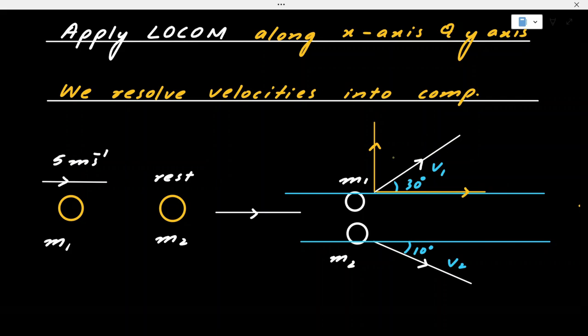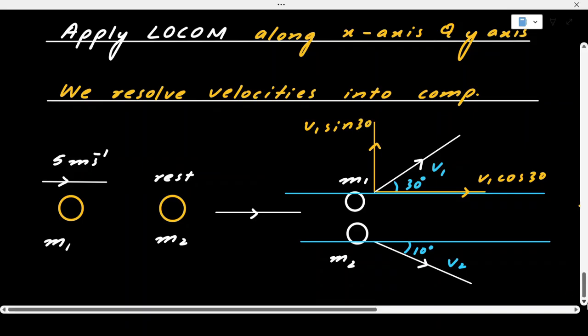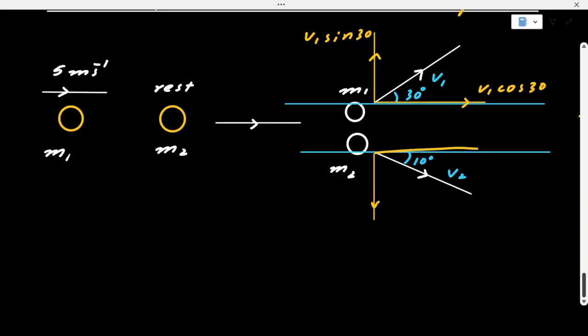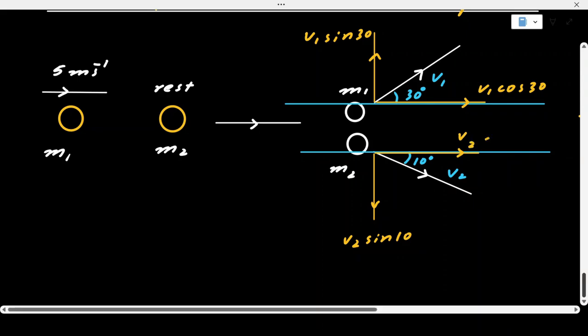This one would be v1 cos 30. This one would be v1 sin 30. Now this one is also resolved into components, one to the bottom, one to the right, because the vector was in the bottom right corner. This one would be v2 sin 10. This one would be v2 cos 10.